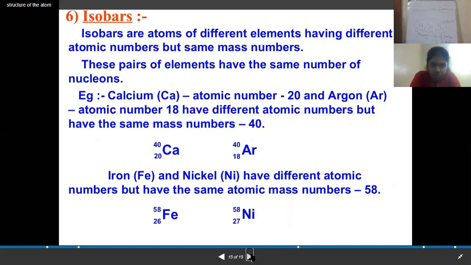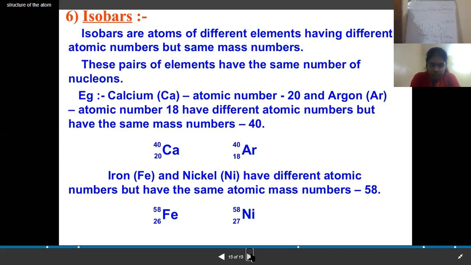Isotopes have certain features: the number of protons in all isotopes of an element is the same, thus the chemical properties of all the isotopes are the same. Physical properties are different from each other. All the isotopes of an element have the same valency as their atomic number is the same.